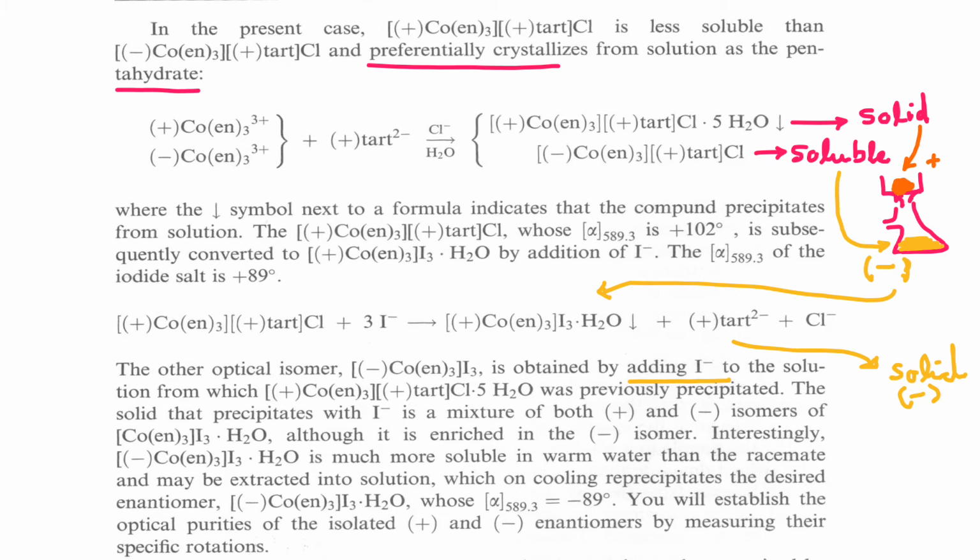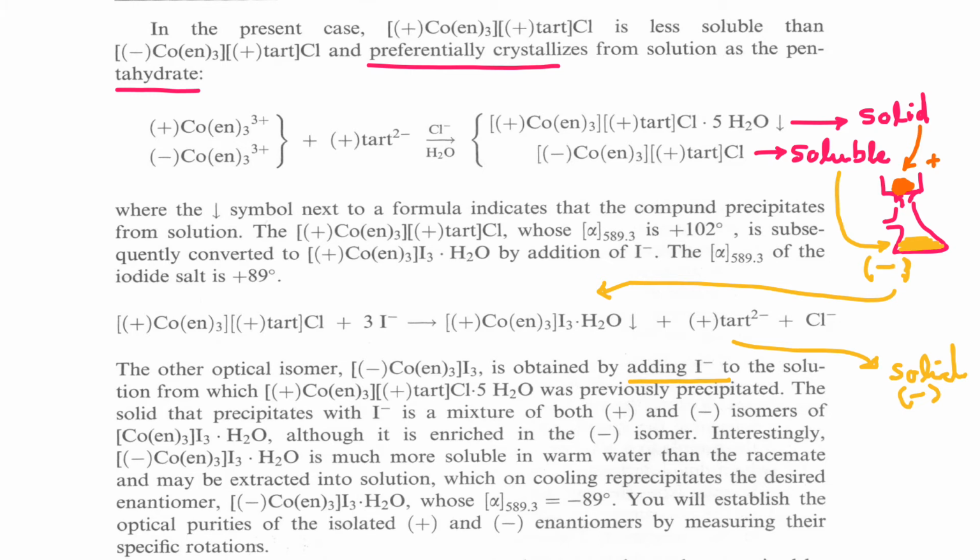Now you filter this mixture, and the solid stays on the filter paper, which is the plus isomer with the plus tartrate, and the other isomer stays in solution. Make sure to clean the Buchner flask, because you're going to use the solution of the minus enantiomer to precipitate it as an iodide salt.